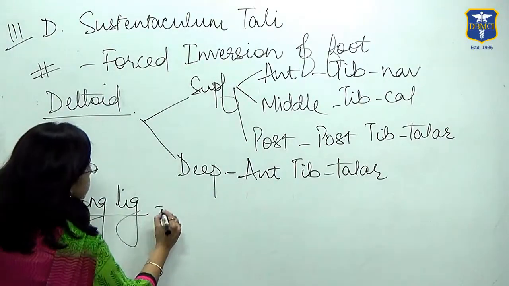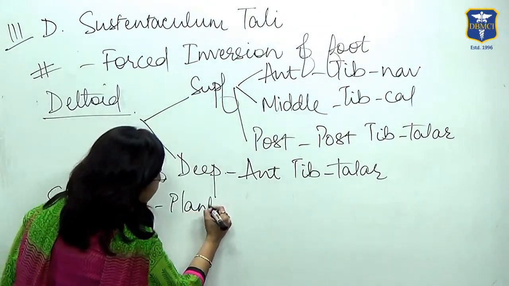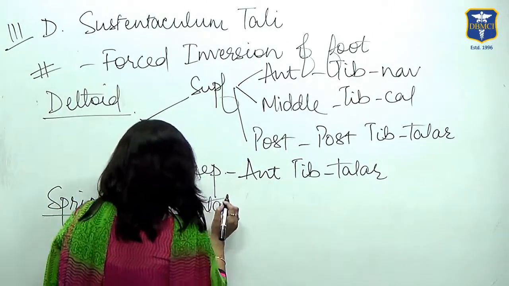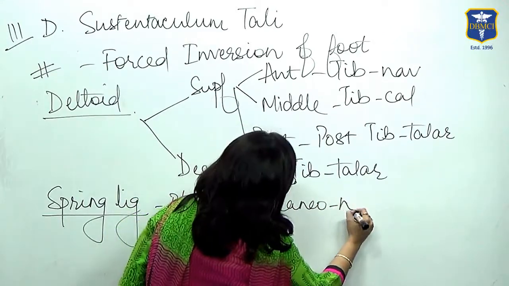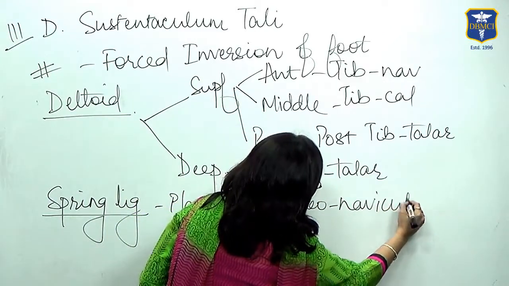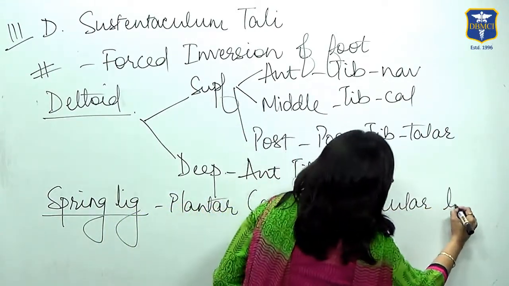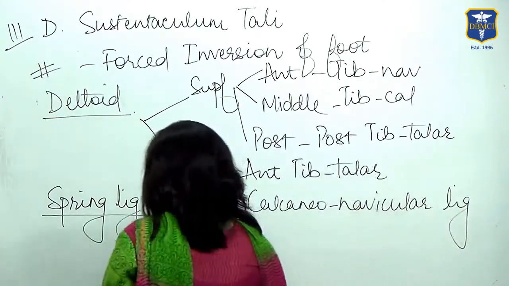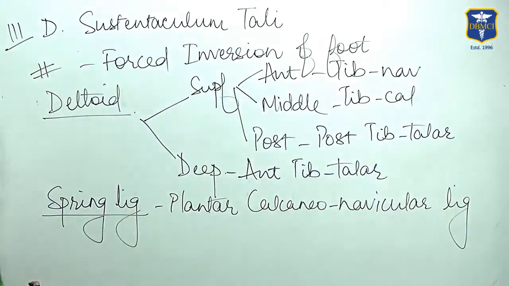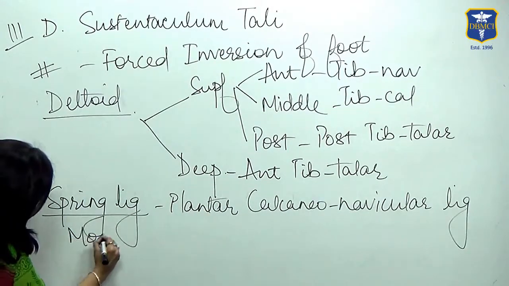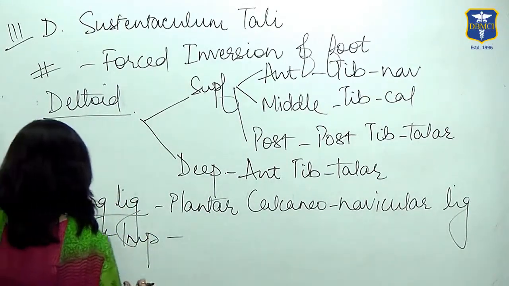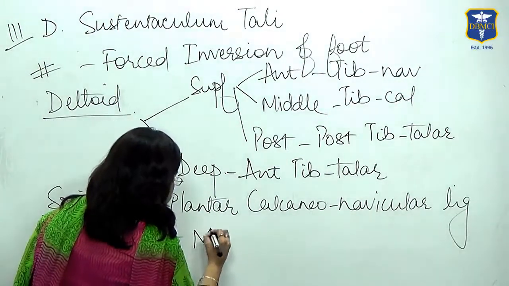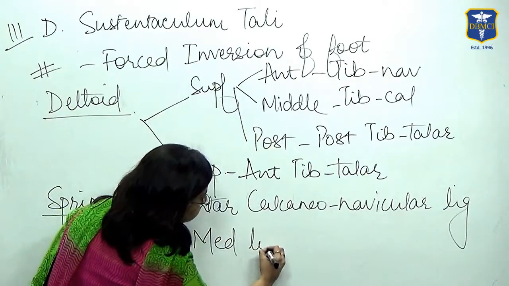Spring ligament is also called plantar calcaneo-navicular ligament. It is the most important ligament for maintaining the medial longitudinal arch of the foot.